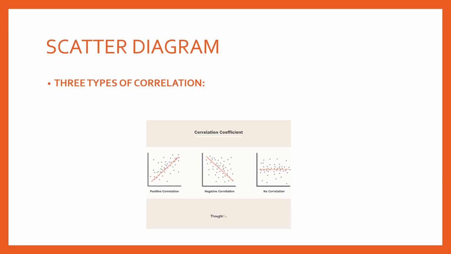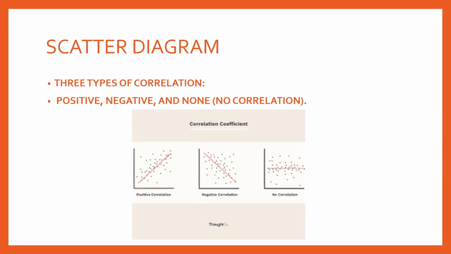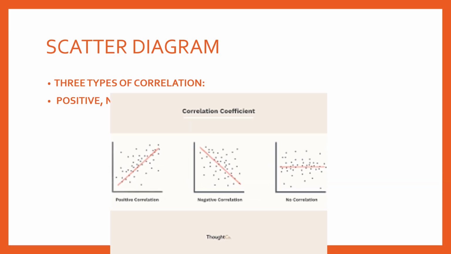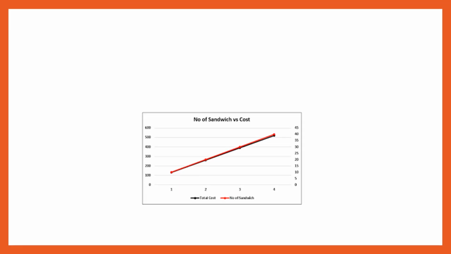All these things are there, and there must be some correlation between these. The correlation may be positive, it may be negative, and there is also the possibility that there is no correlation between the data we have got. That is depicted in this figure.